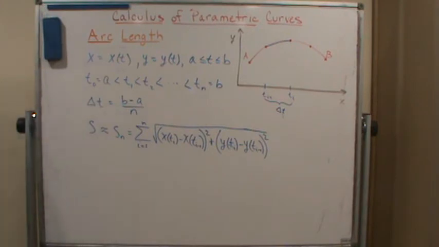Because if they're differentiable, then the mean value theorem tells us that there has to exist a point on each subinterval where the slope of the tangent line at that point is the same as the slope of the line segment connecting the two points.